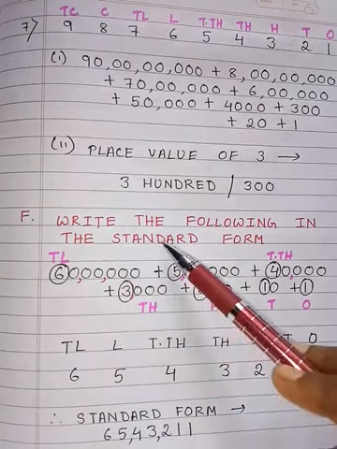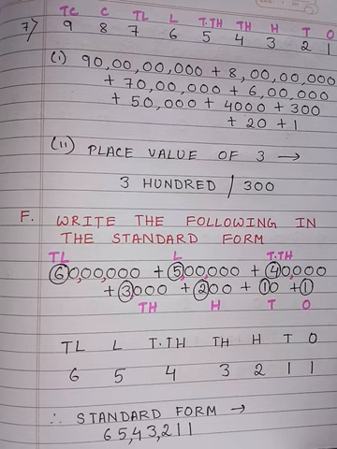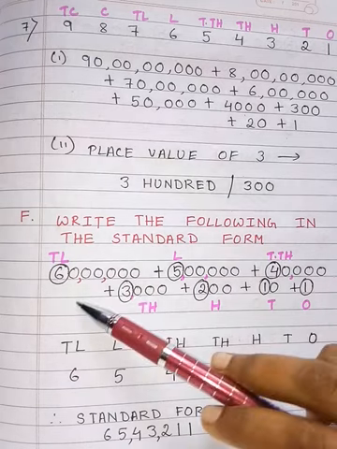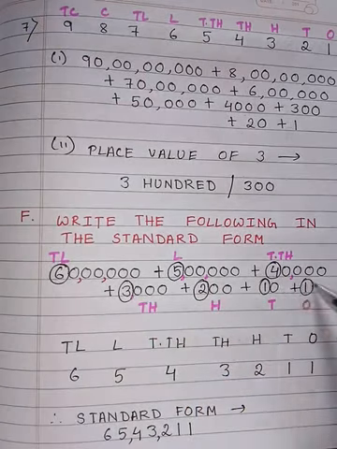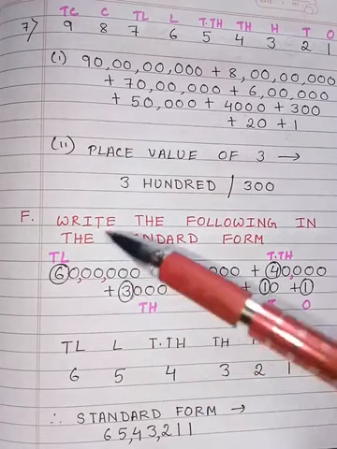Next question. Write the following in the standard form. Here the expanded form is given. You have to write down the number in standard form. First see, the total expanded form is given. Here first you have to put commas.